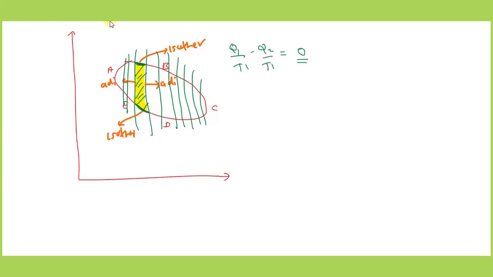Therefore, the total change in entropy of the working substance in the complete cycle of the reversible process will be 0. Or I can write the total change in entropy, dS, will be equal to summation dQ over T, that is equal to 0. That is, in a reversible cyclic process, the change in entropy of the system is 0.